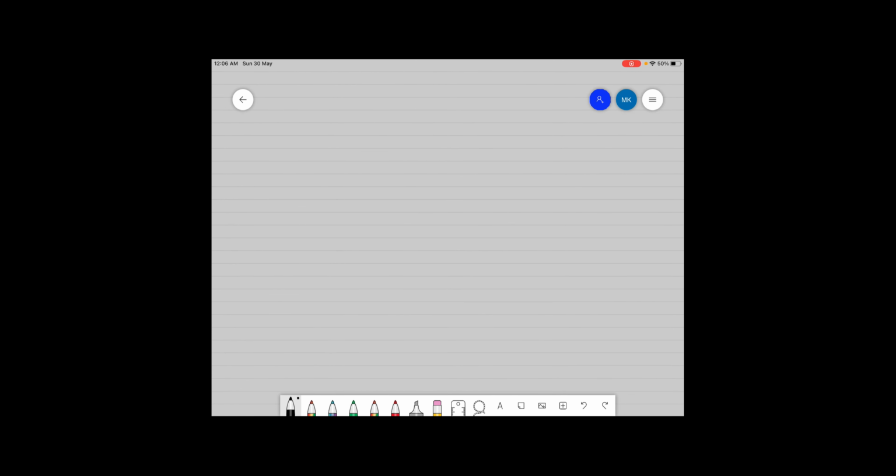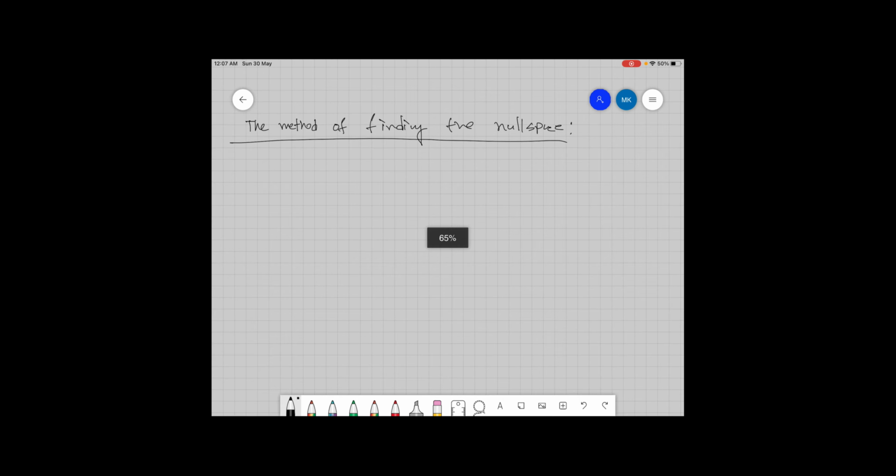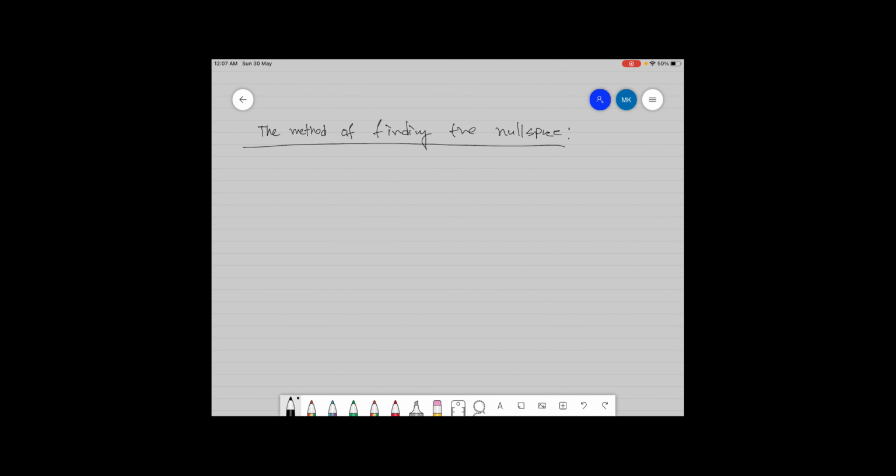So the method of finding the null space is pretty simple.